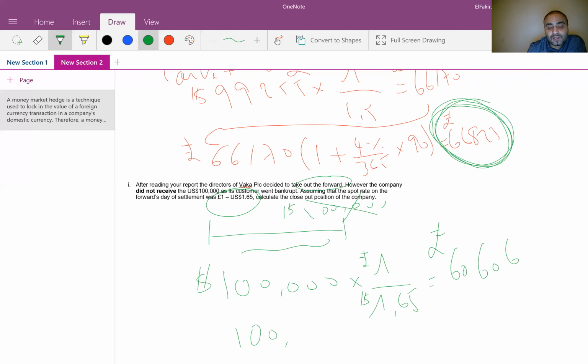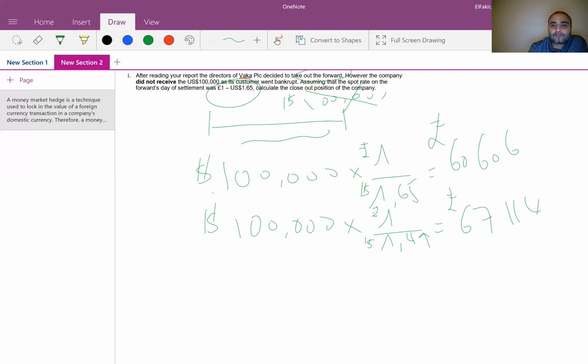Now it will take the dollars that it got from the market and give them to the bank, which in exchange will give the company the pounds. So in this case, that's 100,000 divided by 1.49, and we should get 67,114 pounds. Now, if we notice in here, the company got from the bank 67,114, and it paid to the market 60,606.